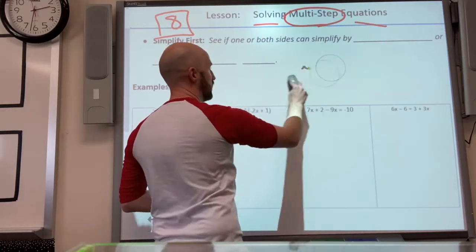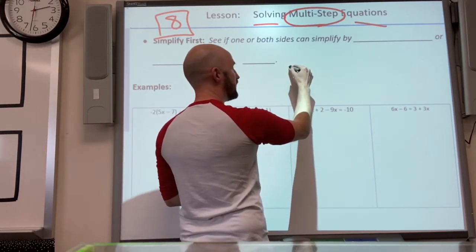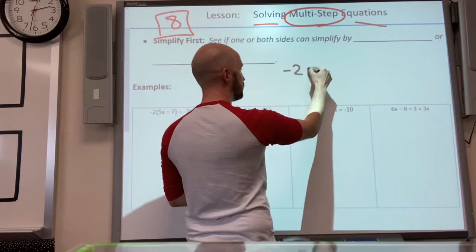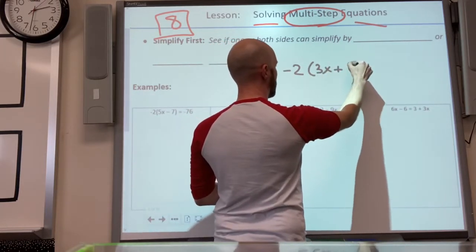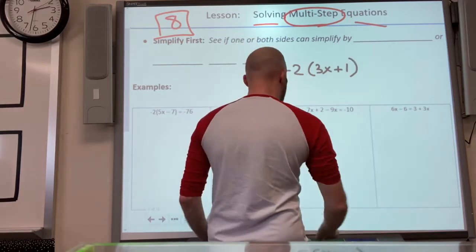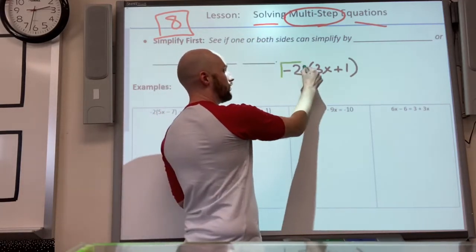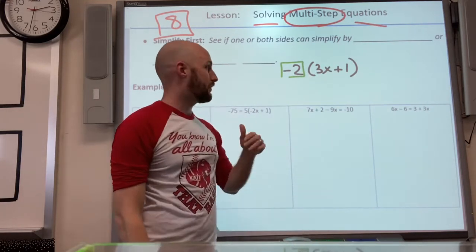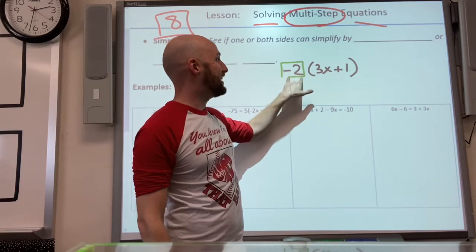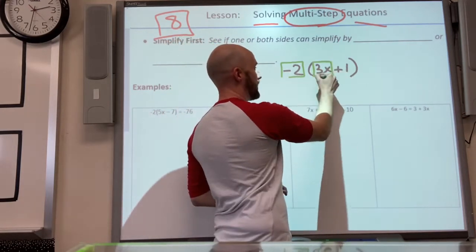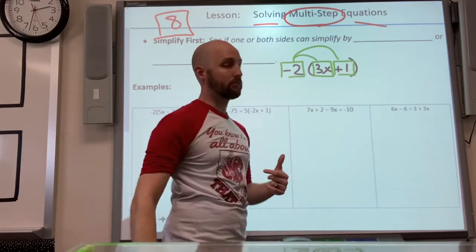Other example of parentheses. Okay? Otro ejemplo con los paréntesis. Maybe it is negative 2, 3x plus 1. Okay? So now we need to be more careful with the sign. Okay? Ahora tenemos que tener mucho cuidado con el signo, because this is a negative 2 multiply 3x and negative 2 multiply plus 1.